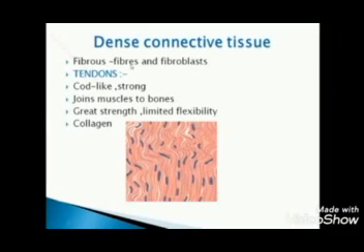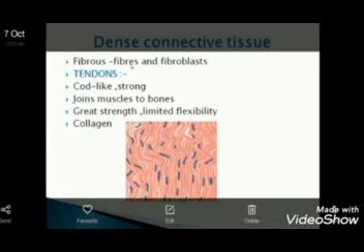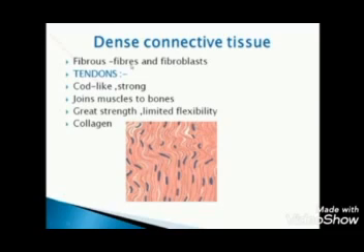Now the next one is the dense connective tissue. It is a fibrous connective tissue densely packed with fibers and fibroblasts. Tendons are cord-like strong structures that join skeletal muscles to bones. Tendons have great strength and limited flexibility.